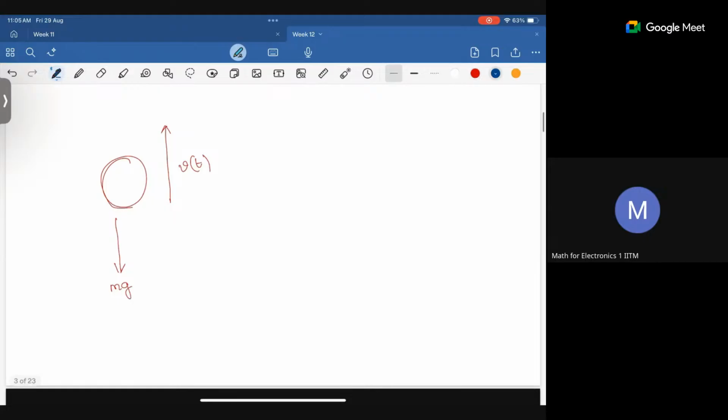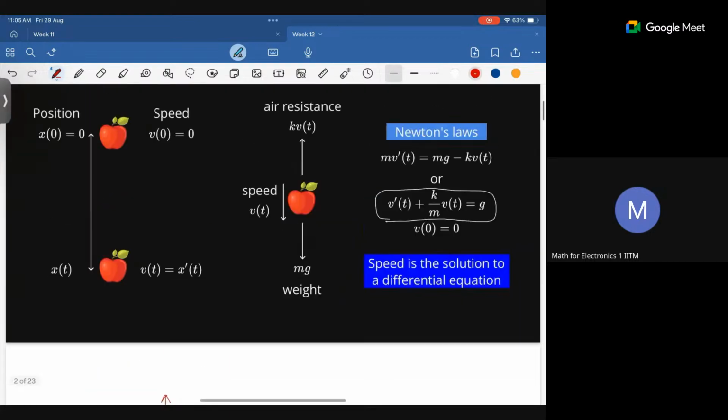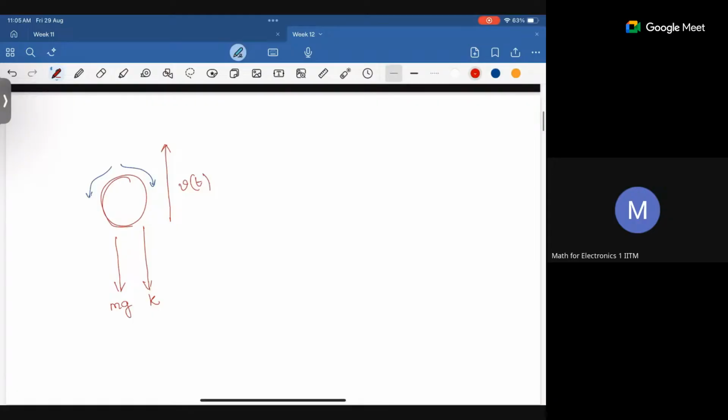Not only weight, even the air resistance acts downwards, since the object is moving upwards, which is k times v of t. The force acting is m a, where a is v prime of t.